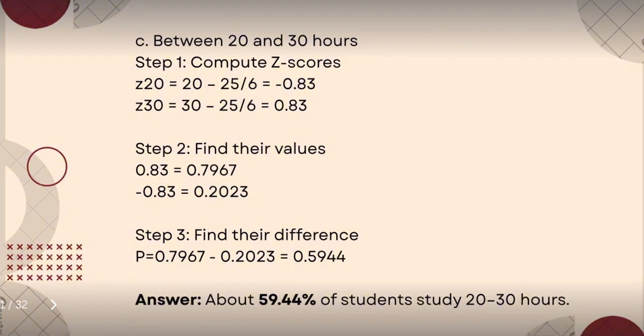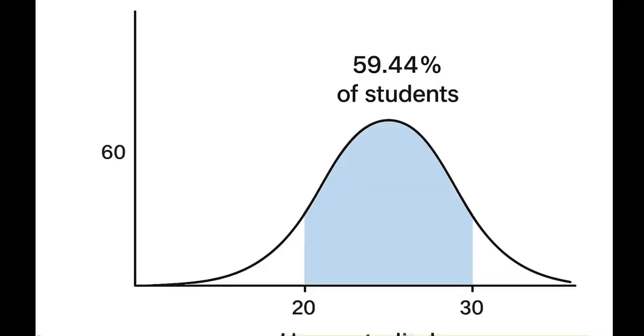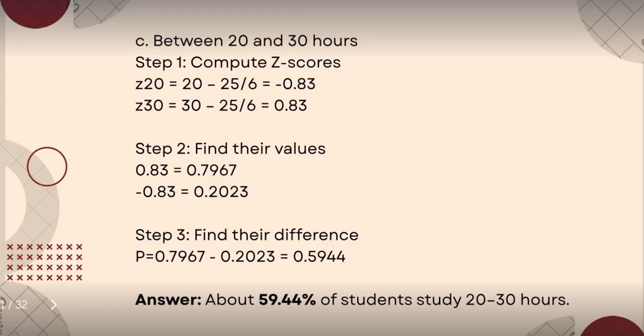Yung P is the probability, and ileless din lang natin siya sa 0.2023. Ipagmaminus lang natin yung Z20 at Z30. Ang makukuha natin is 0.5944. So the answer is about 59.44% of students study 20 to 30 hours per week. So ayan na yung sagot natin.